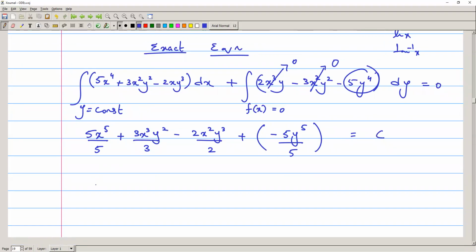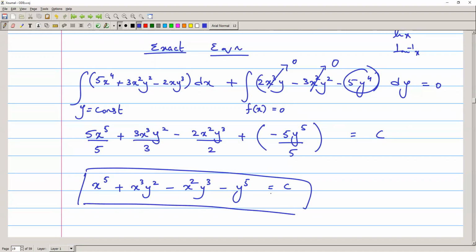So the solution is x to the power 5 plus x cubed y squared minus x squared y cubed minus y to the power 5 equals c. This is the answer for the given exact differential equation, right?